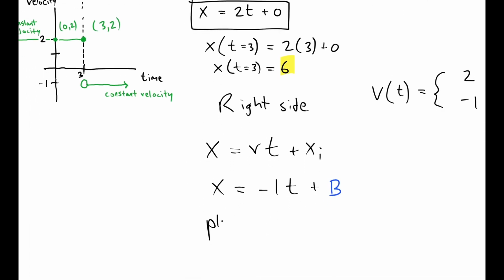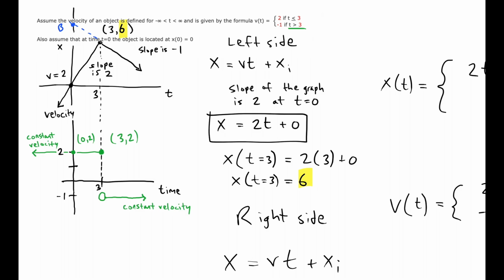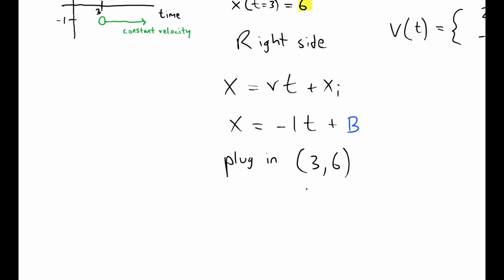Now that we know this, we could use that combination in the equation that we have below. So I'm going to plug in a combination of x and t that I know this line goes through. We can see that the line will definitely go through the point 3 comma 6. So plug in 3 comma 6. The 3 is our time and the 6 is our position.